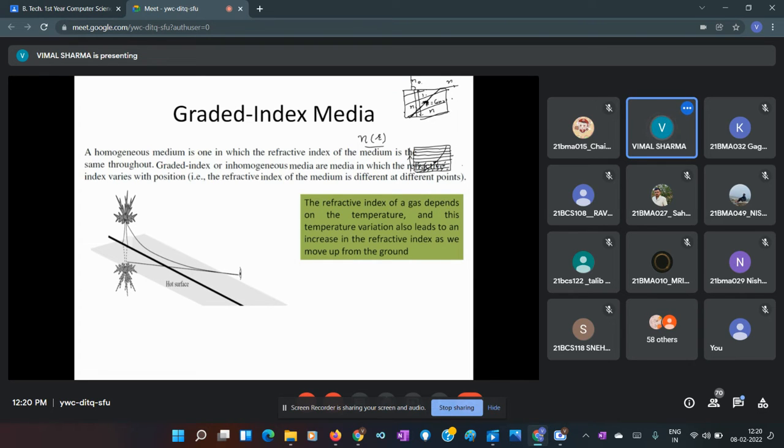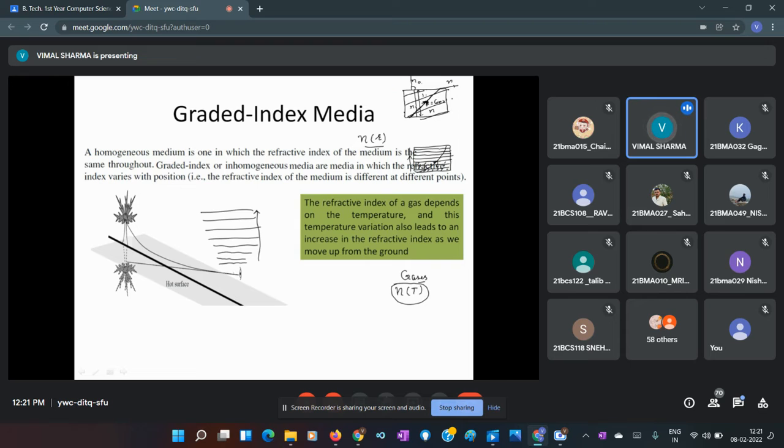In that case, what happens? You know that refractive index is also a function of temperature. For gases, the refractive index varies with temperature. As it is a function of temperature, the refractive index will be different for the different regions of this air medium at different temperatures.